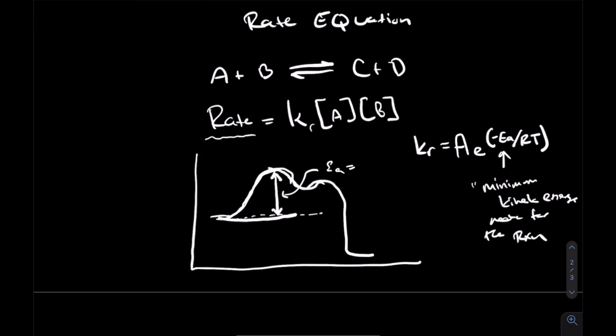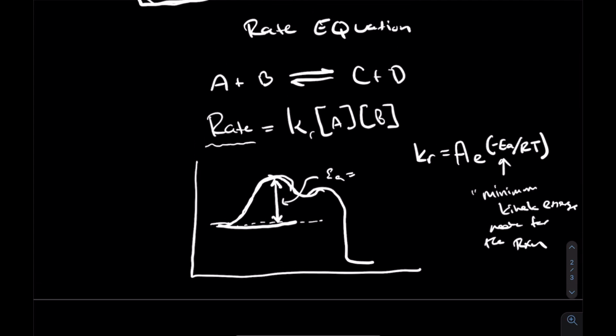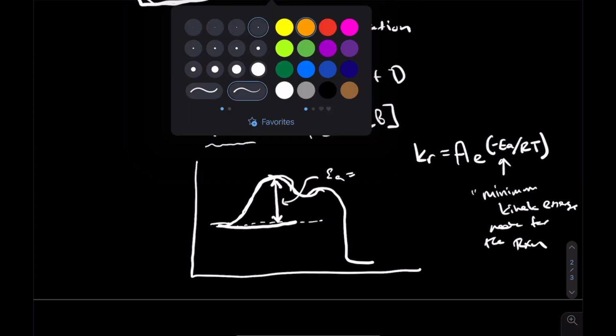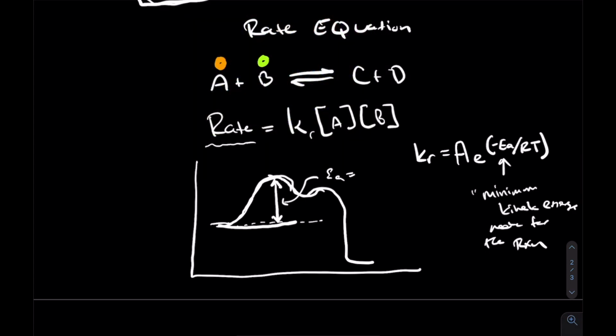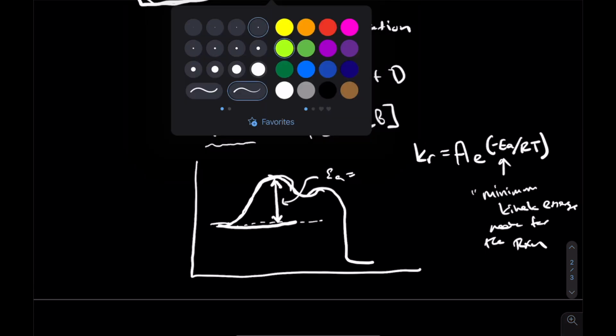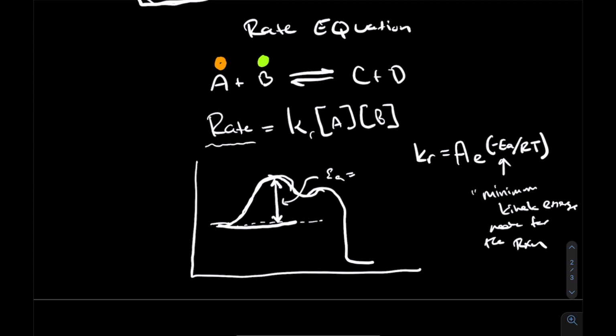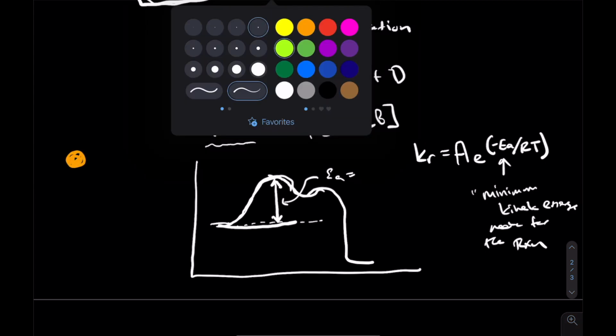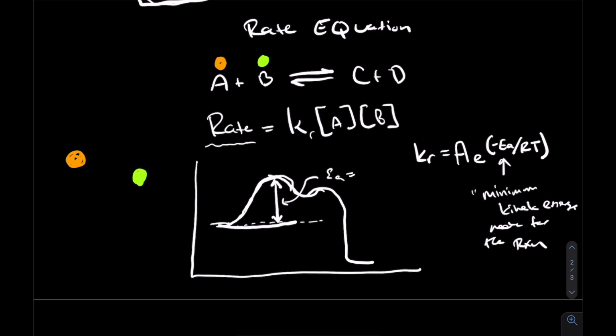All right, and what exactly does that mean in terms of minimum kinetic energy? Well, let's imagine in this particular case, A and B are spheres, right? A is an orange sphere, B is a green sphere, and then they come together to create something else. And so how does that exactly happen? You have to imagine that these two spheres in your reaction conditions are just zooming around.